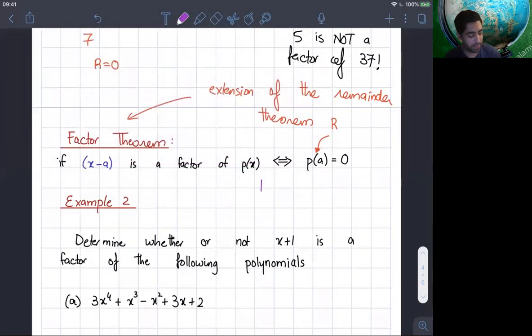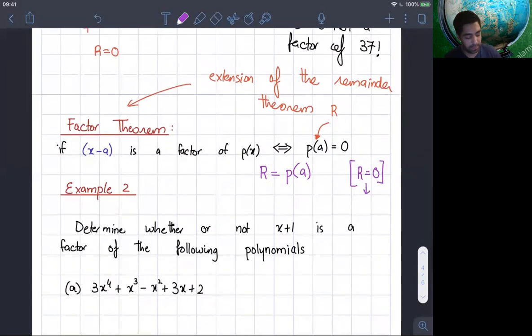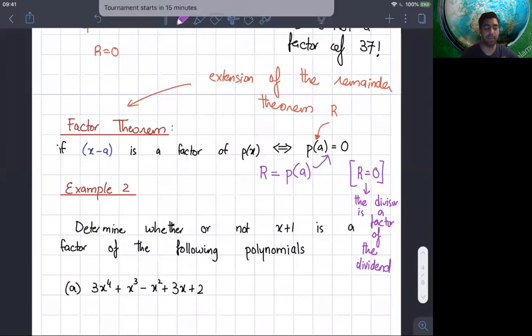And if you want, we can just write it like this: the remainder theorem says that R, the remainder, is equal to P of A. And we know that if the remainder is 0 in division generally, then the divisor is a factor of the dividend. So that directly leads to this: P of A has to be 0 for x minus a to be a factor of P of x.